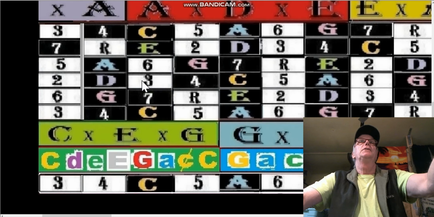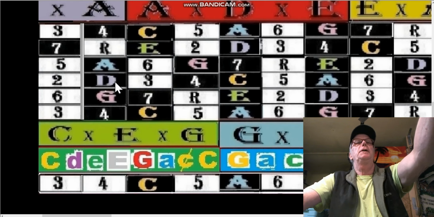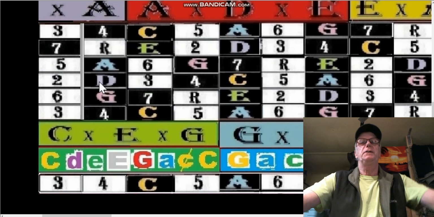All right. So this would be B major, B minor, and then B half diminished. Okay, I didn't point to the right exact notes there.